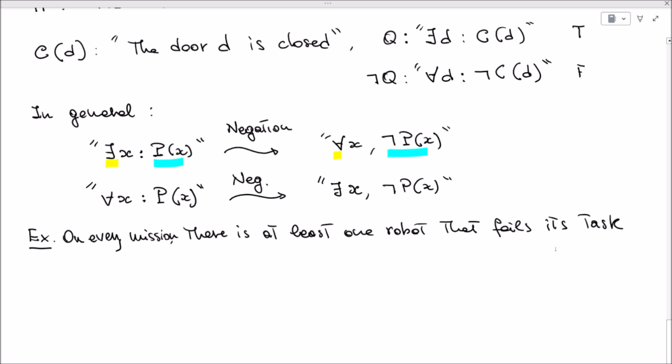Let's try to translate this into formal language, into a proposition then.